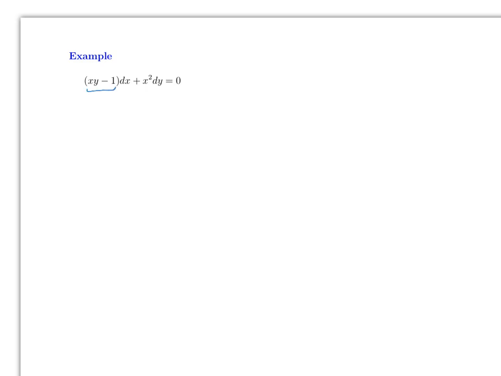So here M is equal to xy minus 1, and N is equal to x squared. So let's check for exactness. Notice that the partial of M with respect to y is x, and the partial of N with respect to x is 2x.